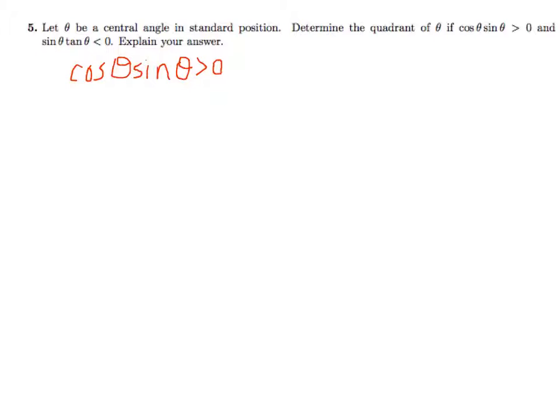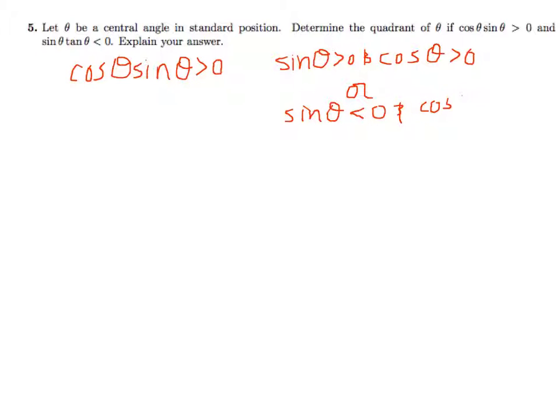This only happens when sine theta is greater than 0 and cosine theta is greater than 0, or sine theta is less than 0 and cosine theta is less than 0.